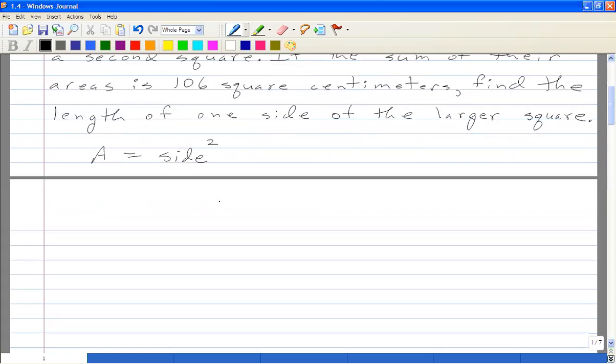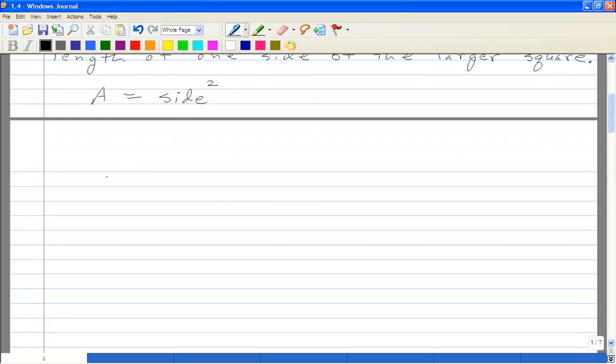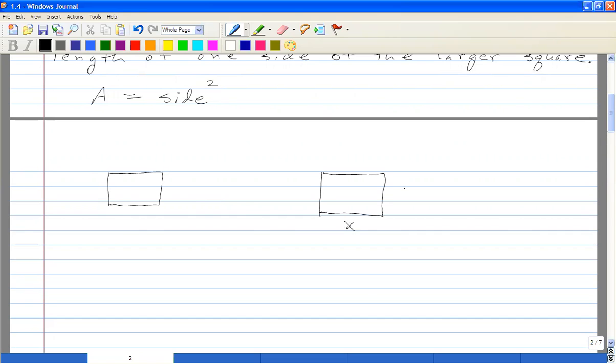And so I have the length of one square is 4 centimeters less than the length of it.